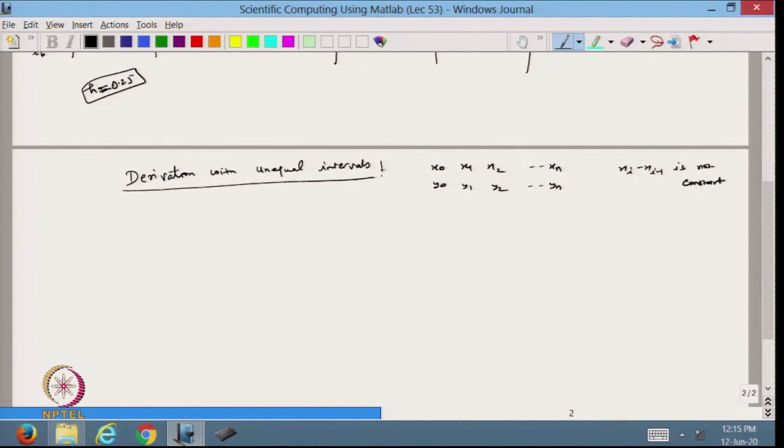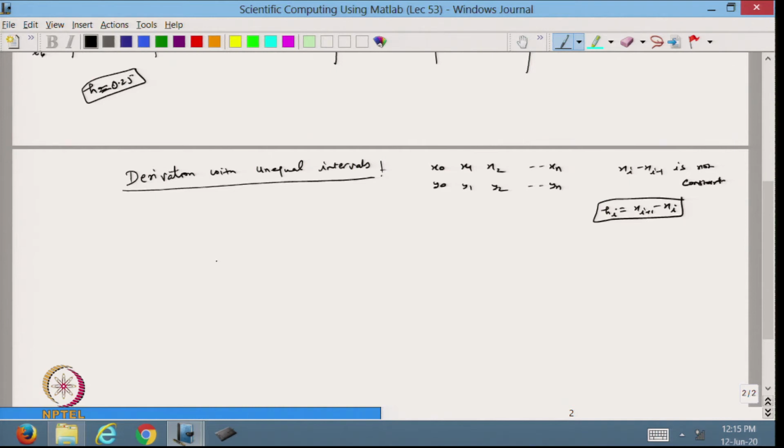So in this case I can define my hi equal to xi plus 1 minus xi, and this is different. So we have the data that is not equispaced.